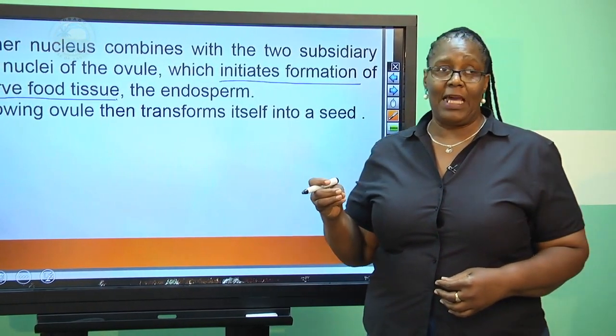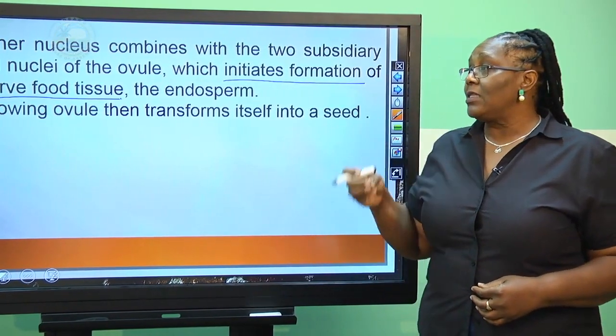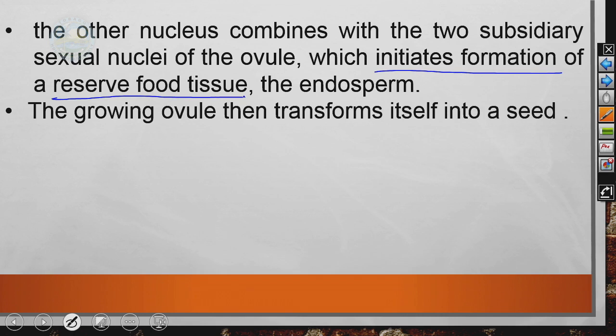Why double fertilization? Because this new organism will need to have a food source. And so this food source is the endosperm, and in some plants it is the cotyledon. The endosperm can actually help with the formation of the cotyledon.